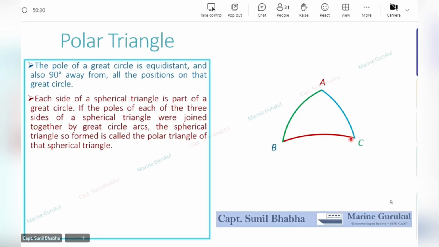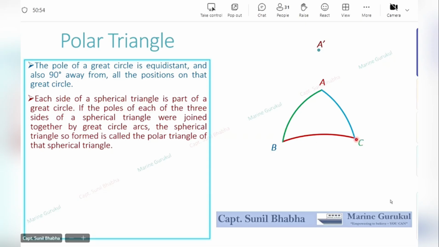Now let us assume that this great circle corresponding to side Bravo Charlie has its pole at this particular point. You can see this point A dash, Alpha dash, coming up in the diagram. This point A dash or Alpha dash is the pole of the great circle track Bravo to Charlie.